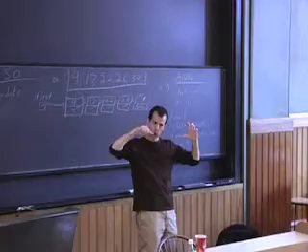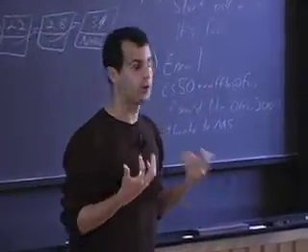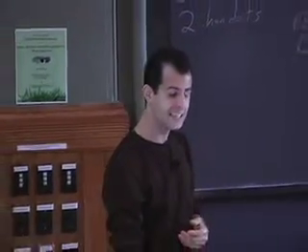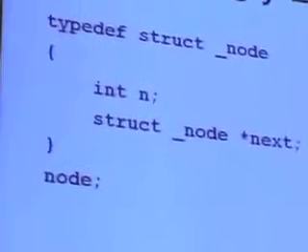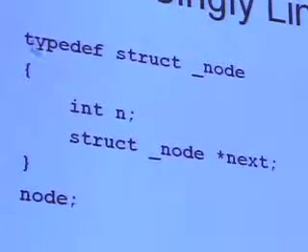If this structure needs to have a field that points to another such structure of the same type, we need to be able to refer to it. Unfortunately, the name node or the name student doesn't exist until this semicolon is reached, essentially. So if you want to have this sort of circular definition within a data structure, you need to give it a sort of temporary name while you're typedefing it.